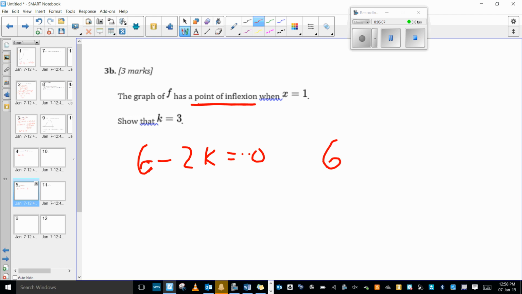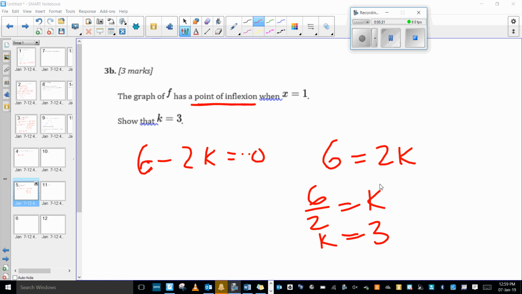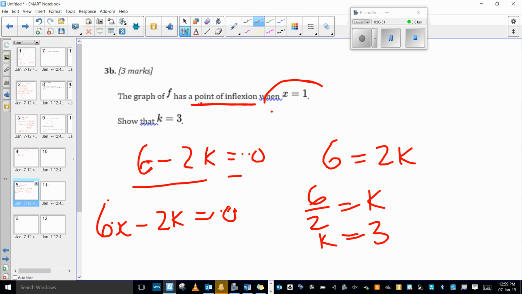I got the right answer, I just made a mistake. So 6 equals 2k, and 6 over 2 equals k, so k is 3.